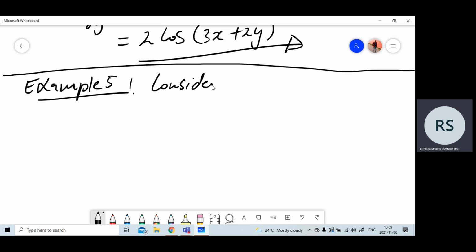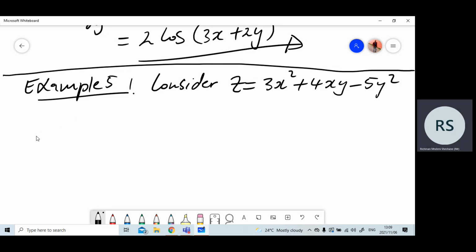Consider z equal to 3x squared plus 4xy minus 5y squared. So this is my function, but it's a function of two variables again, x and y.